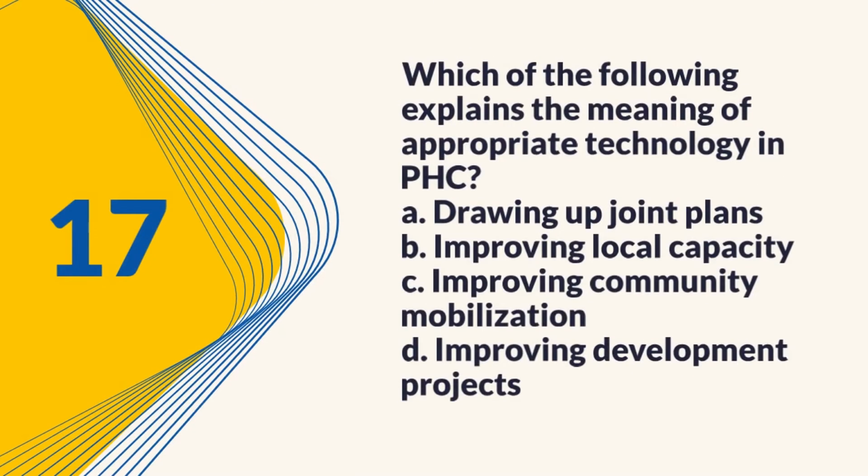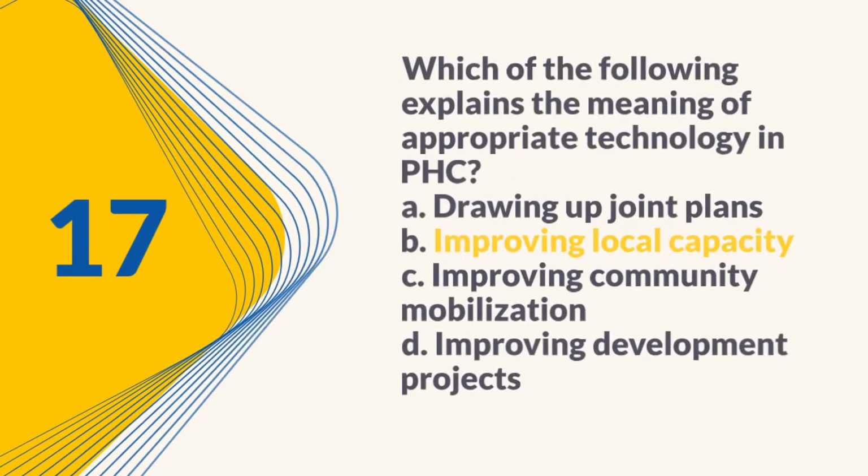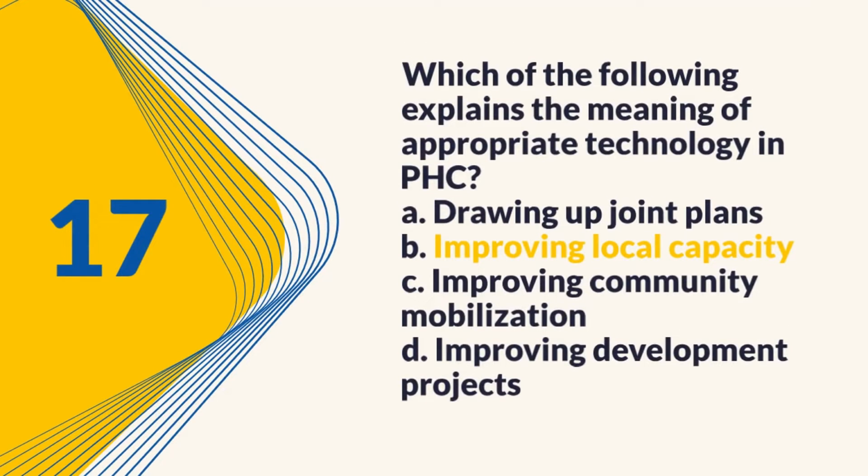17. Which of the following explains the meaning of appropriate technology in PHC? A, drawing up joint plans, B, improving local capacity, C, improving community mobilization, D, improving development projects. Answer, B, improving local capacity.